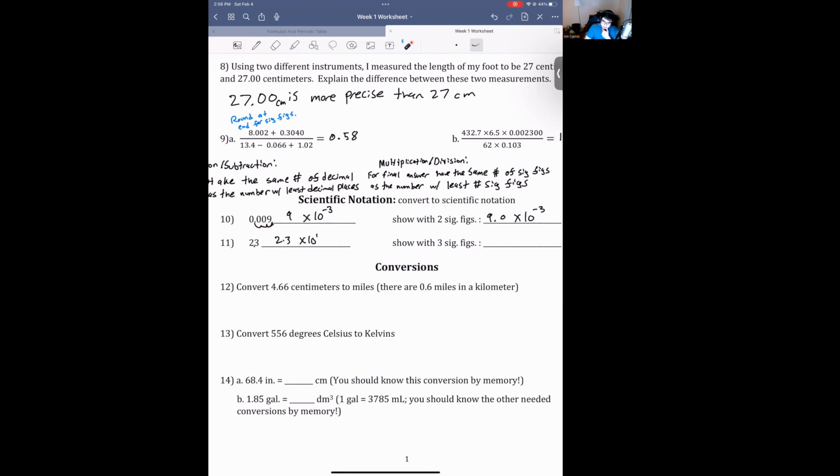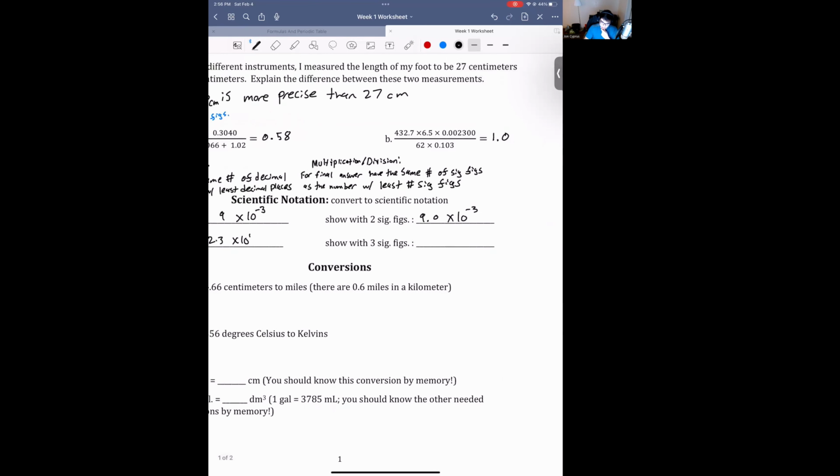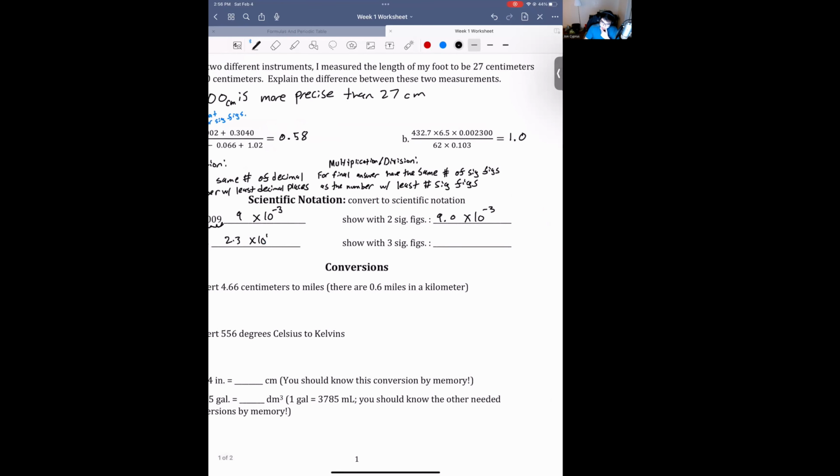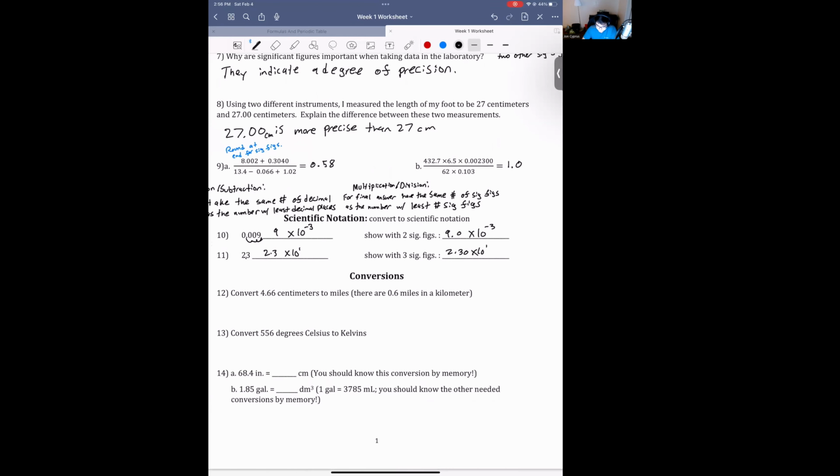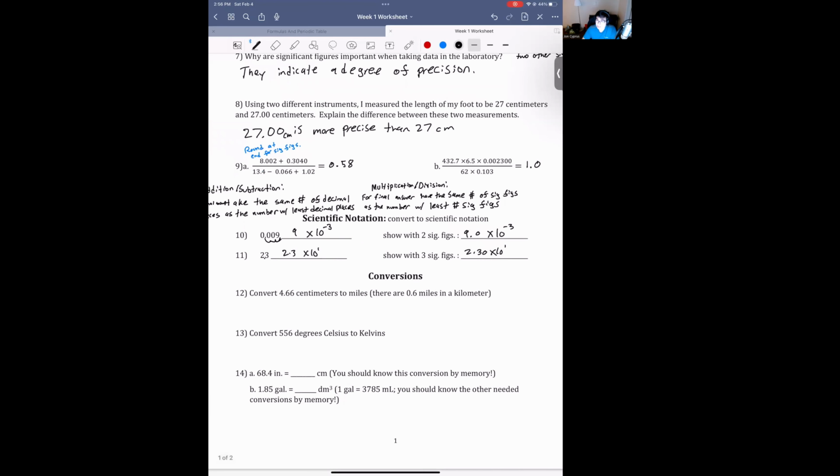In this case, I want it up here, but I'm moving forward 1 to get to the decimal point. So it's 10 to the positive 1. If I were to do this with 3 sig figs, I would just make this 2.30 times 10 to the first power. You just leave it as times 10. Okay. So that is it for scientific notation.